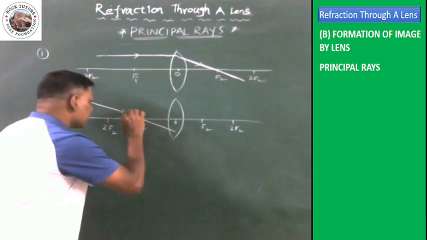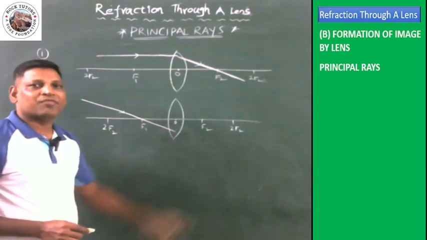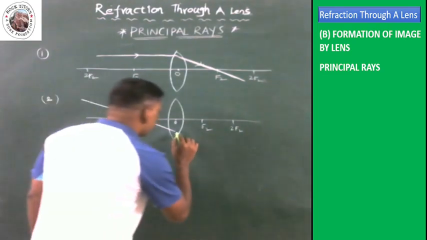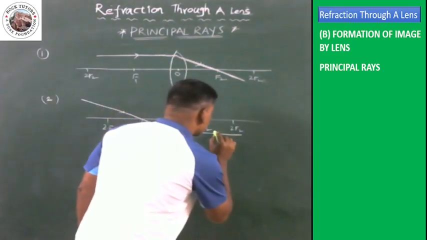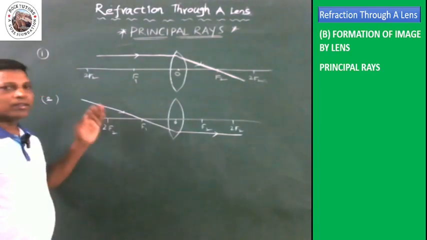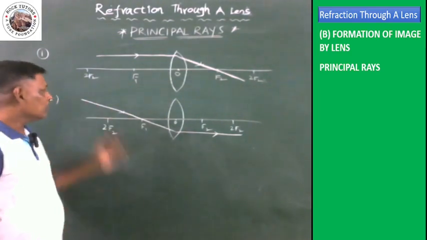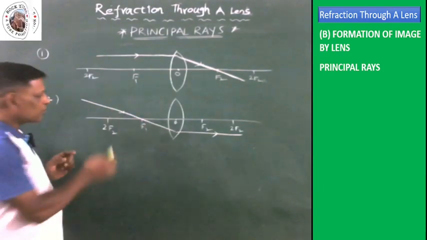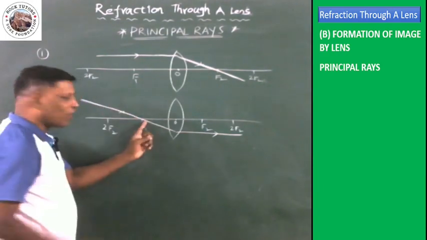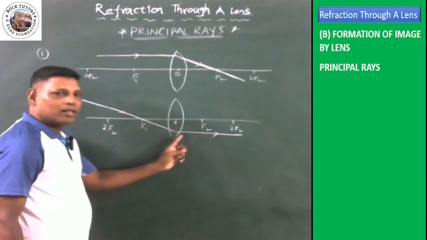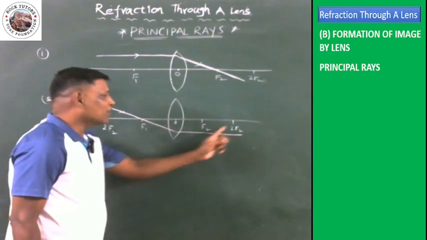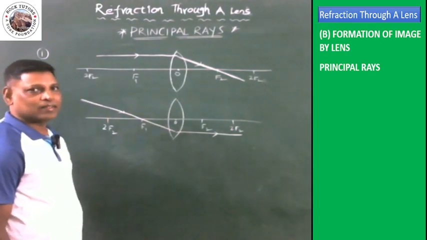After refraction, this ray will be parallel to the principal axis. This is the second principal ray. The ray passing through the first focal point will, after refraction, be parallel to the principal axis.